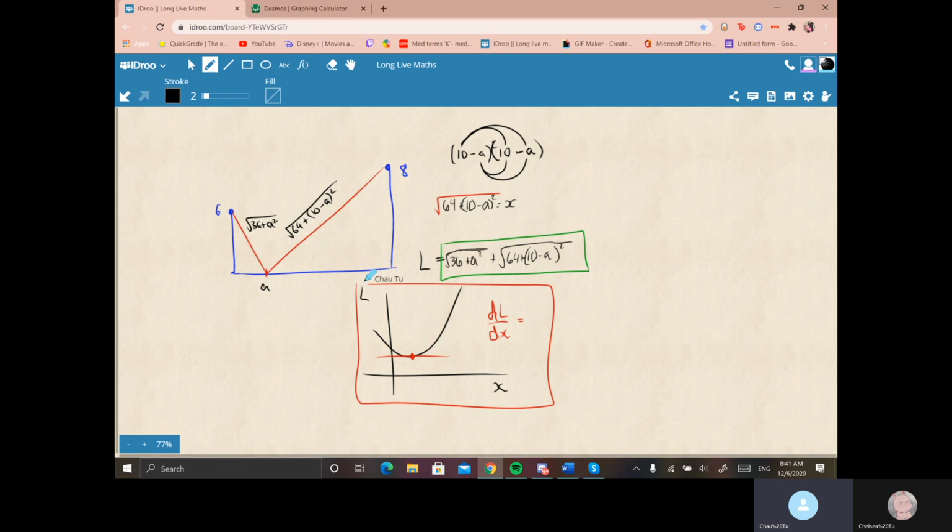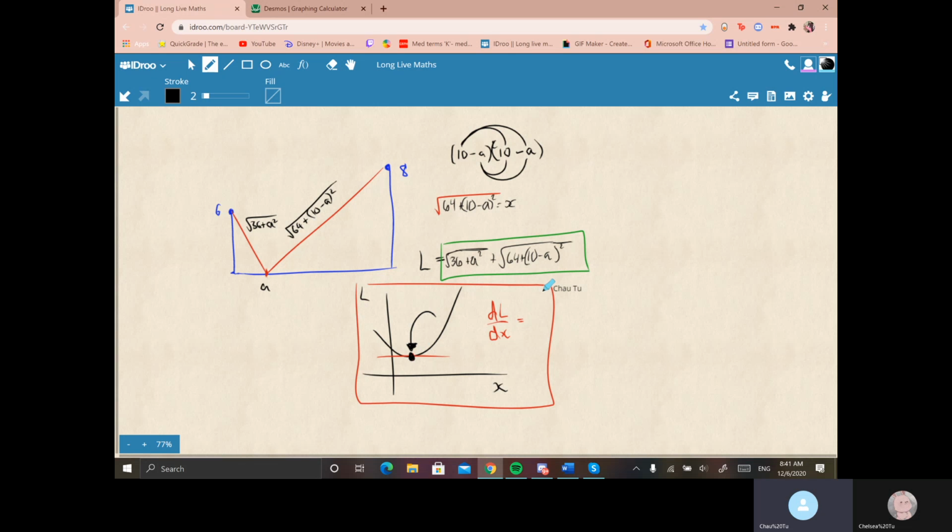Jump back to iDrew, Chelsea. We want to find this point here. How do we find this point? How do we calculate it? Because by using decimals, you can only guess. You don't know precisely. I want to find this location. What do I do? Because I'm trying to minimize the length of the rope. What do I do to find the lowest point?